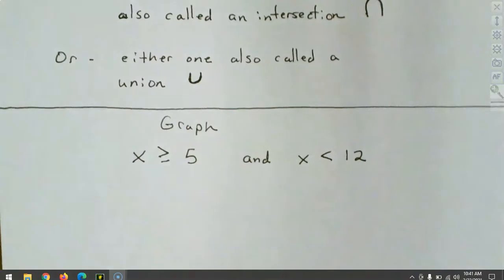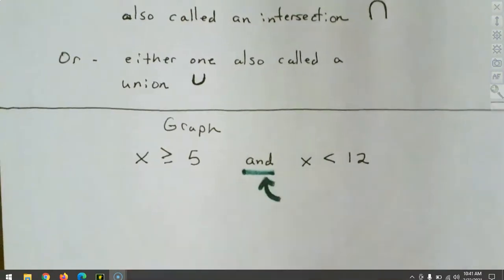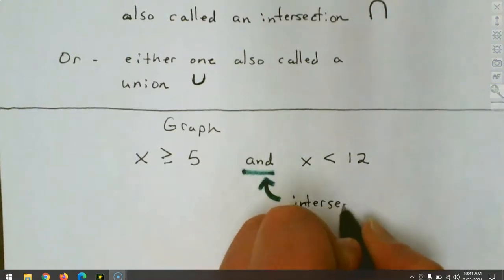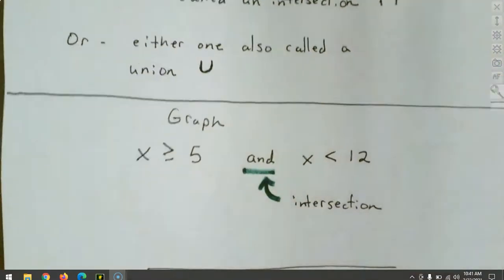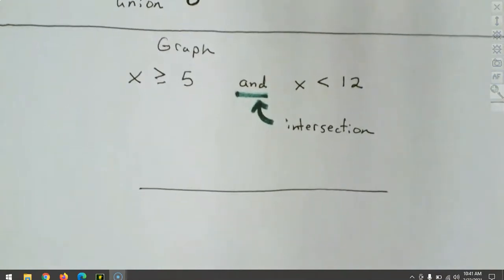So we're going to go ahead and graph these. Now the important part is this is an and. And an and is also called an intersection. So sometimes they'll want you to label it as an intersection. And we put both of these together on the same number line. And then we can compare them. And we can see where they overlap.